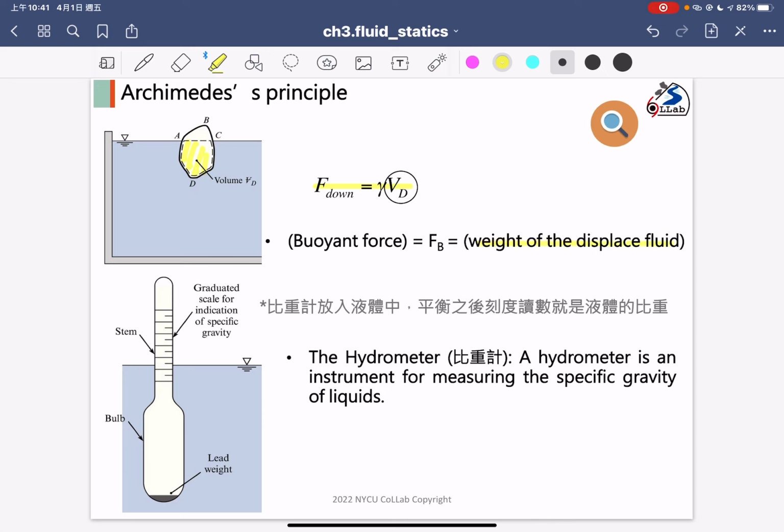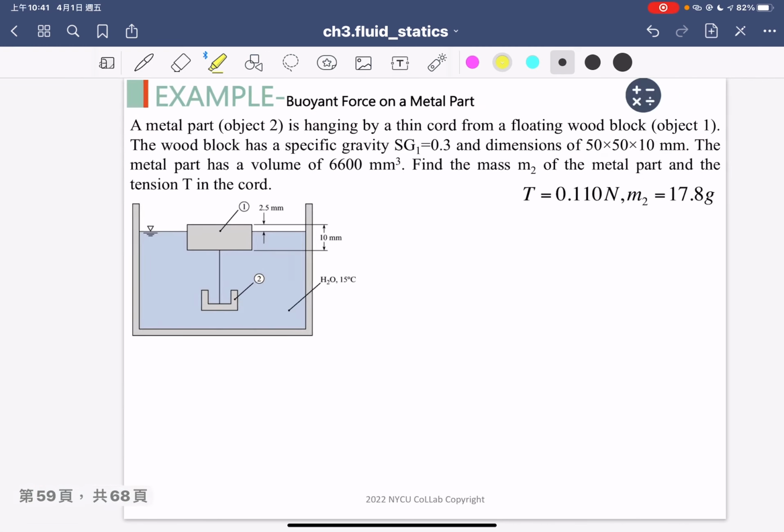The hydrometer designer is just based on this idea, the Archimedes principle. You put the hydrometer into the liquid, and you can find out what SG number you can read. Okay, so this is not important.